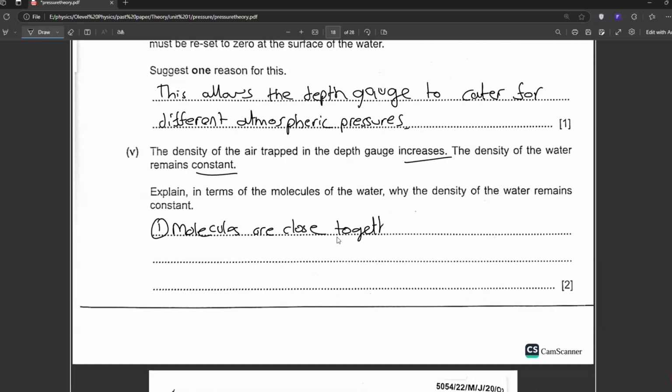And secondly, because there are large repulsive forces between the molecules. Simple as that. That's why water or liquid doesn't compress. Simple. Let's move on to the next question.